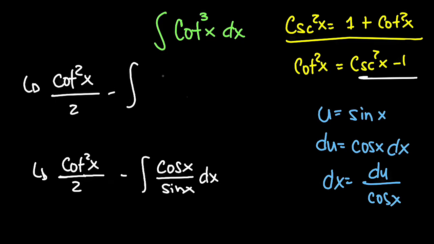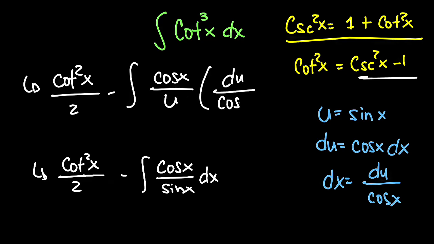And this, cosine of x over sine of x, is equal to u multiplied by dx, which is du over cosine of x. You can see cosine of x would cancel, which leaves you with du over u.